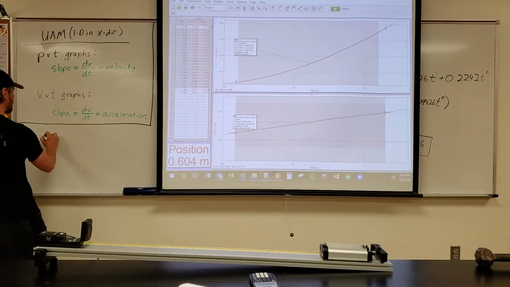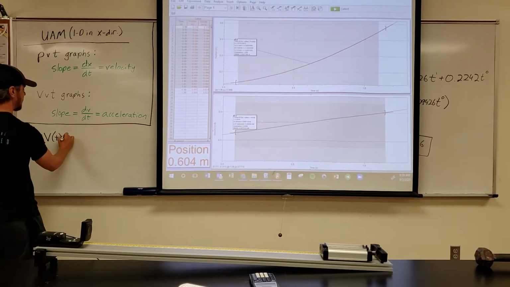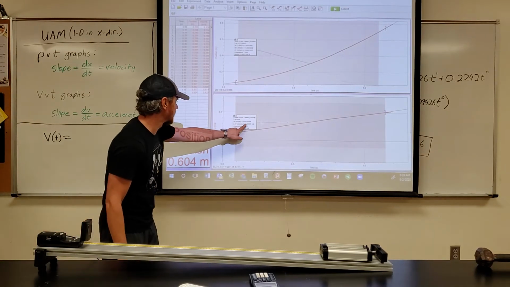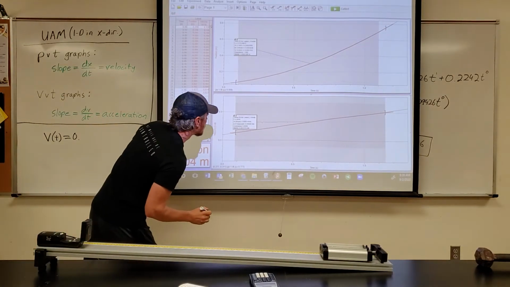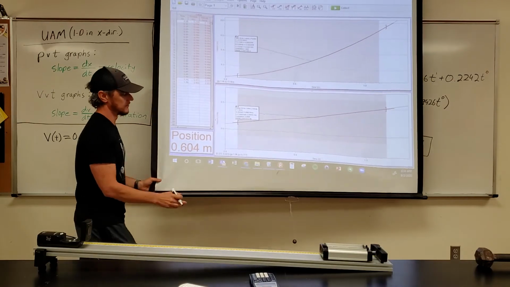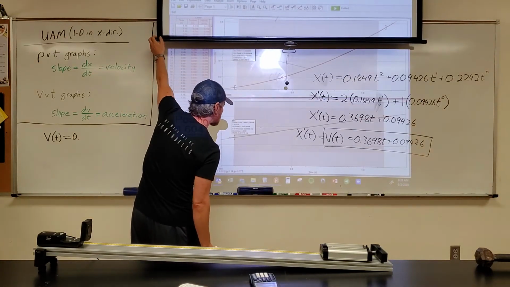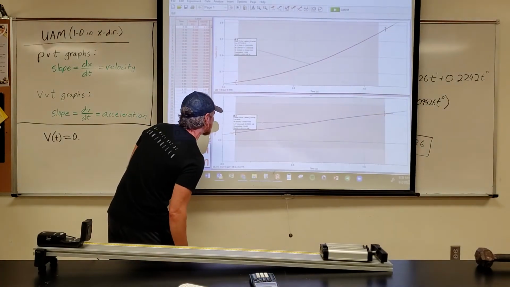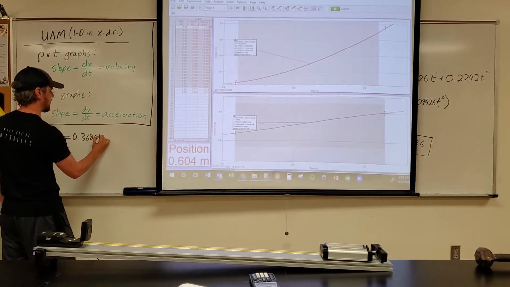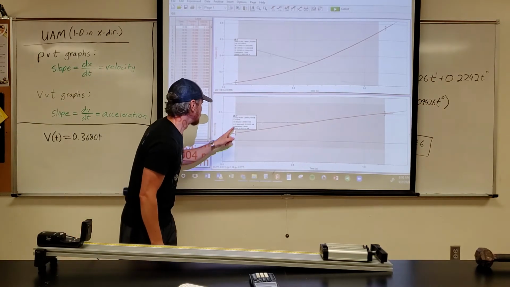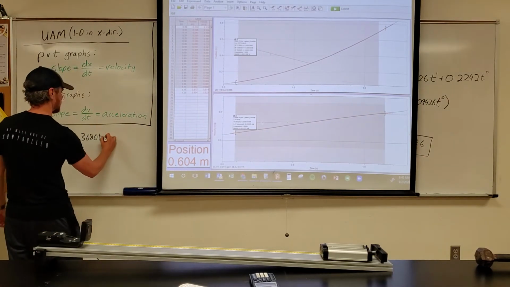I'll write it over here. So now I'm on my velocity versus time graph, so I have velocity as a function of time will be equal to, and what do I get? I got my slope, 0.3680 t, maybe I need some glasses, plus 0.09553.